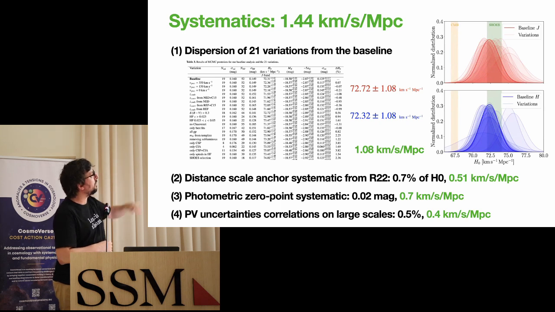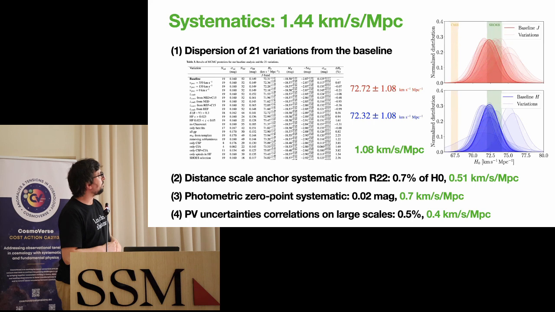And we got a dispersion of 1.08 kilometers per second per megaparsec. To this we included other systematics that came from the anchors, because we are using SH0ES distances for the Cepheids. So these are the systematics of the anchors.